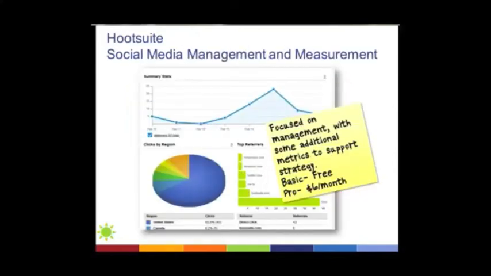And last but not least, if you're going down that road, HootSuite is a really interesting tool to help you manage a number of social media channels. It started in the world of Twitter, but will now also support Facebook. So it will allow you to post in advance, to schedule out posts for the future.